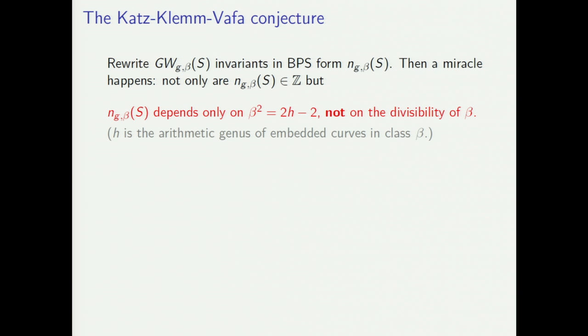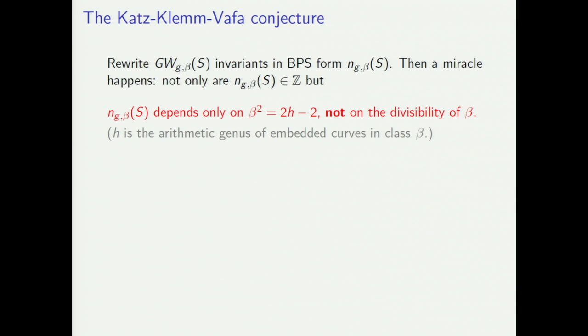And it's because, more or less, curves in these two classes look the same, except the class which has divisibility 2 has these extra curves, which are multiples, which are double covers. And the BPS invariants you're supposed to think of have already got rid of those. All right? So this is some kind of philosophically very appealing result. Okay, so that's the first thing.